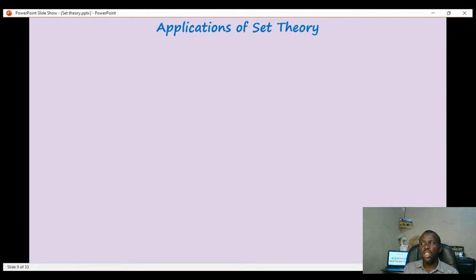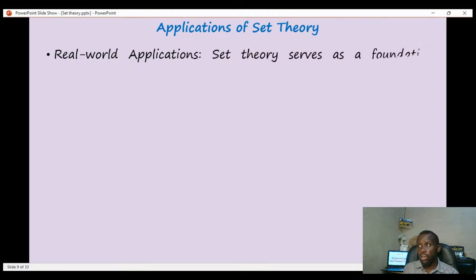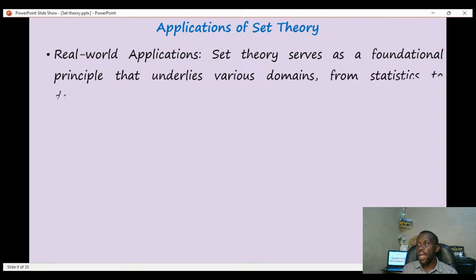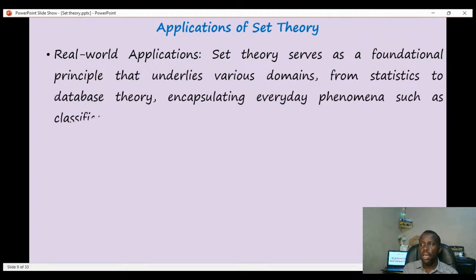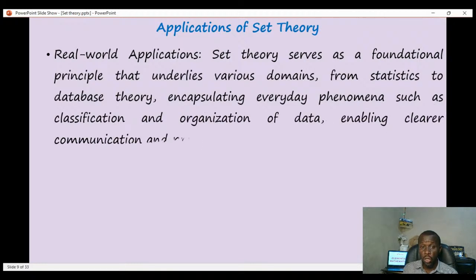Now, let's talk about the application of set theory. We have not done the set itself. We are just talking about set theory first. Later, we're going to talk about the set. The application of set theory: we have the real-world applications. Set theory serves as a foundational principle that underlies various domains from statistics to database theory, encapsulating everyday phenomena such as classification and organization of data, enabling clearer communication and problem solving.